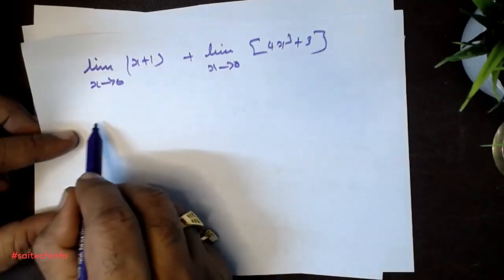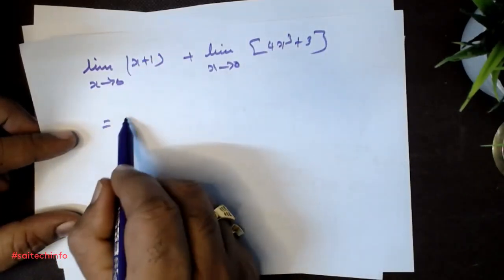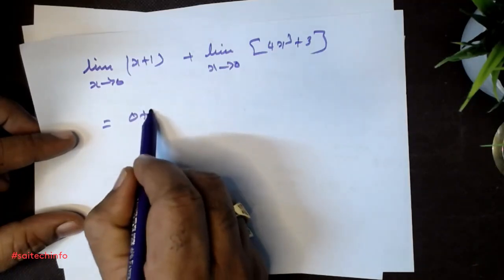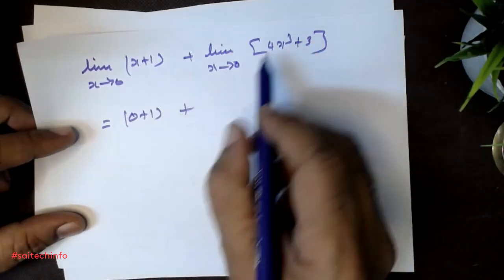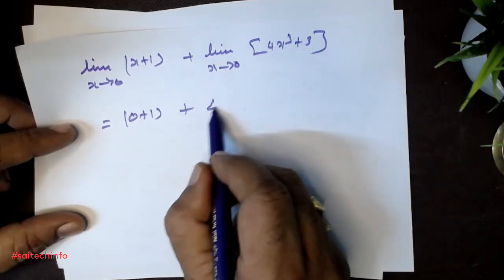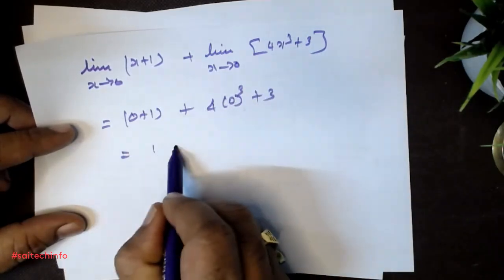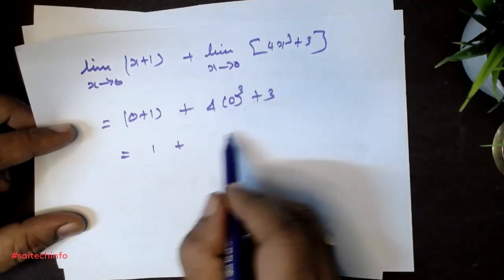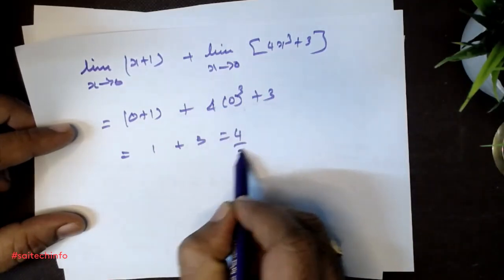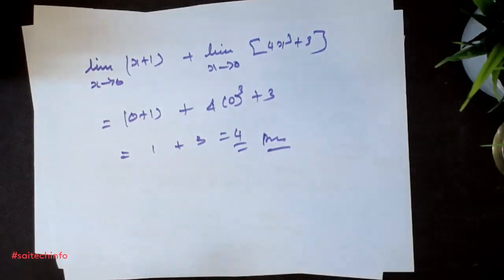Now you can comfortably substitute. So 0 plus 1 plus 4 of 0 cube plus 3, that is equal to 1 plus 0 plus 3, that is 4 is the answer. Okay.